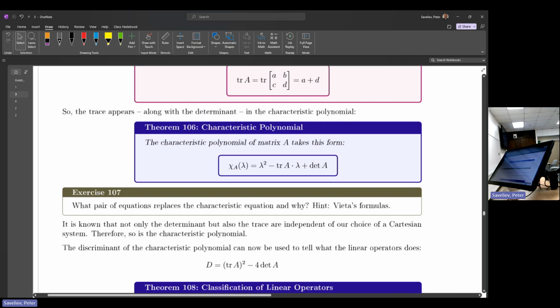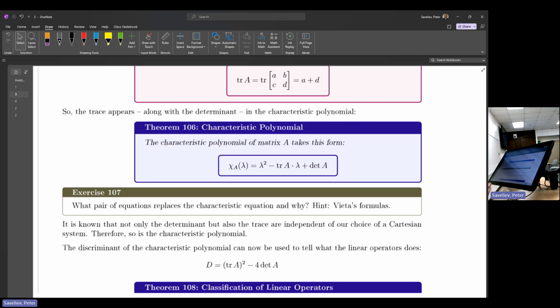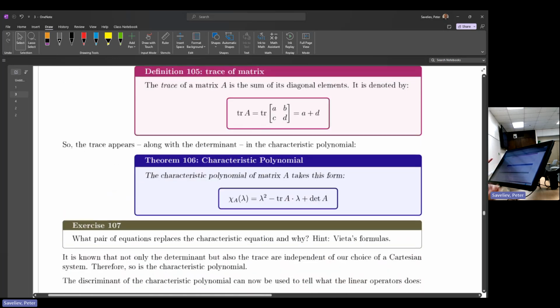So once again, the simplified characteristic polynomial of a matrix takes this form. If you know what the trace is and what the determinant is, they emerge as coefficients of our quadratic characteristic polynomial. And then when you apply the quadratic formula, they also appear there.